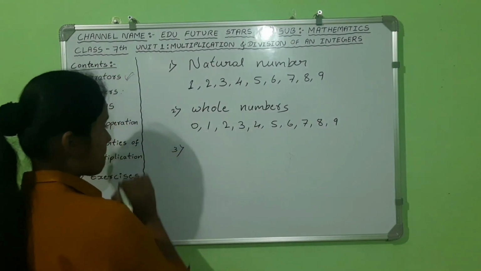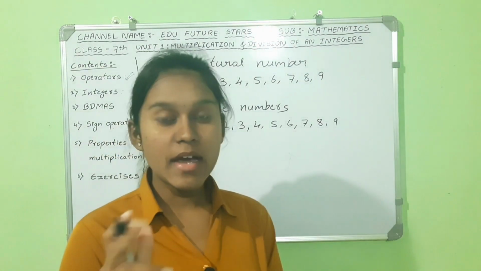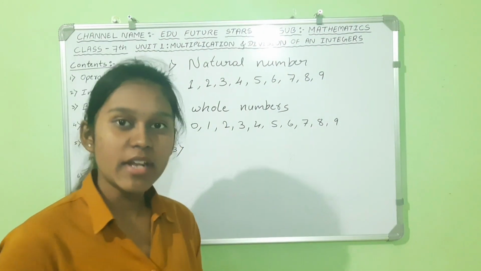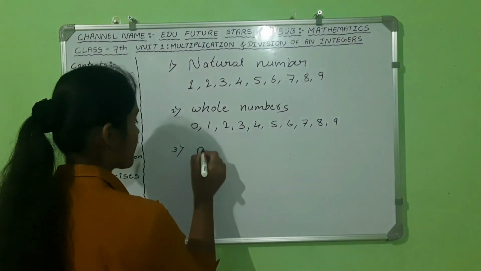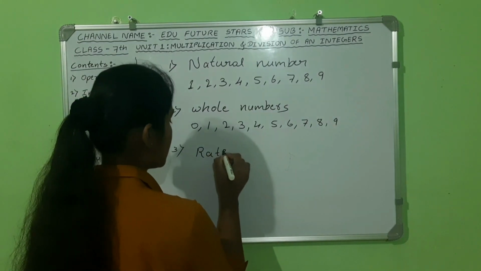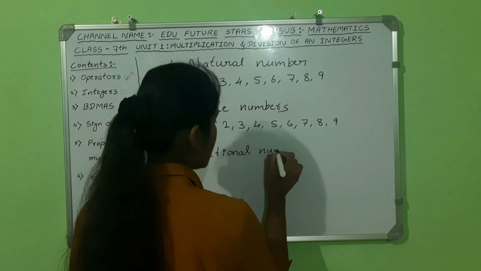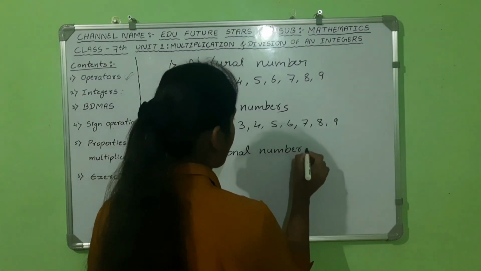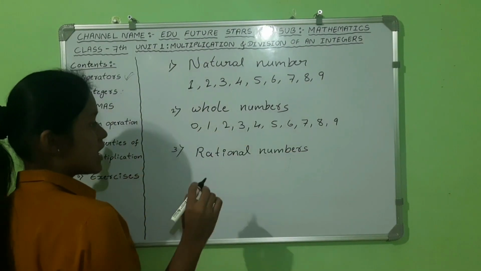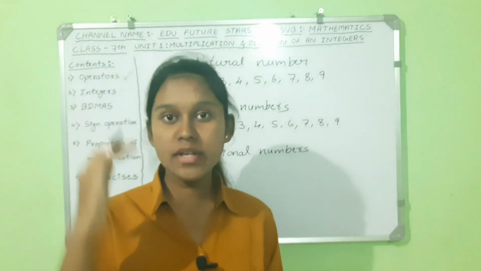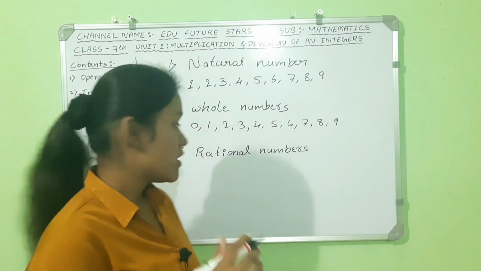Thirdly, what do we have next? Rational numbers. Let's learn about rational numbers. Rational numbers are in the form of numerator and denominator, like this.